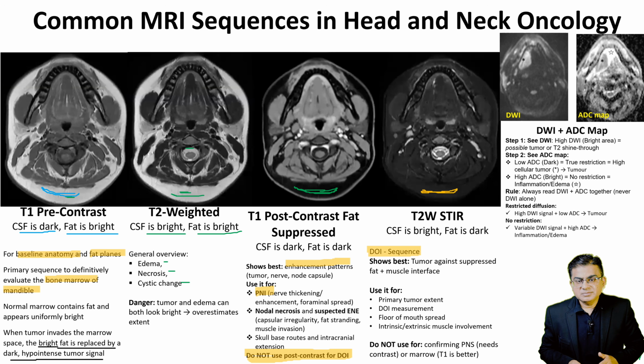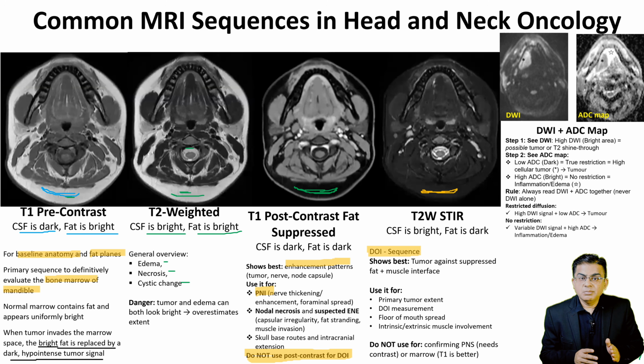But here is the trap. DWI can look bright for two other reasons. Number one, true restriction, that is highly cellular tumor, or number two, T2 shine through. Here, the region looks bright because it is already bright on T2 because of edema or inflammation. So DWI alone is not reliable.